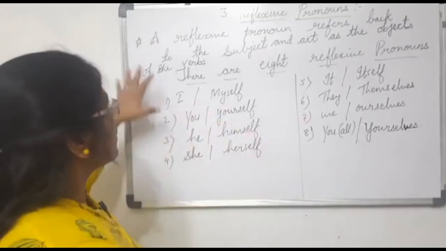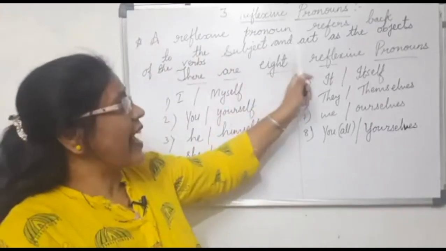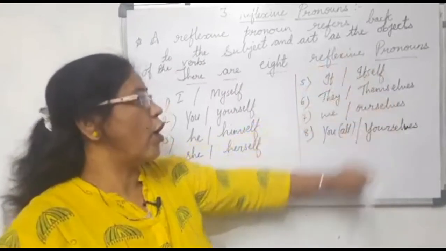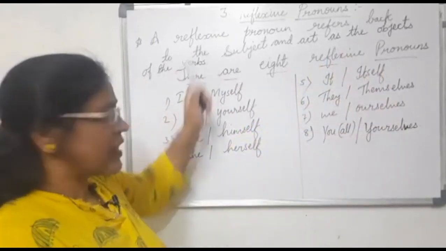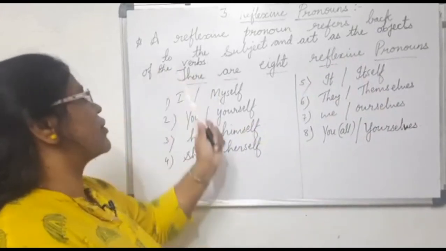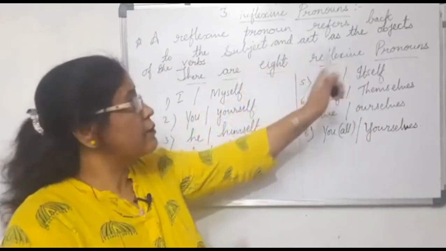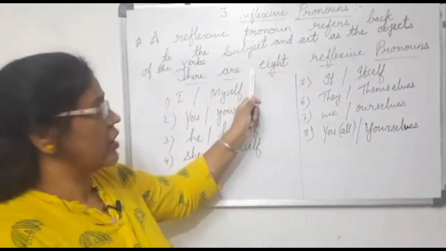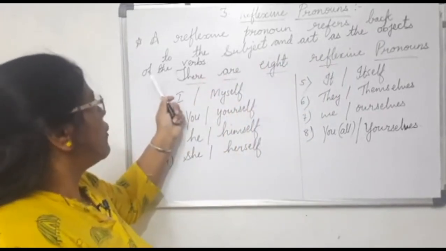So a reflexive pronoun refers back to the subject and acts as the object of the verb. In simple terms, a reflexive pronoun refers back to the subject and acts as the object of the verb.